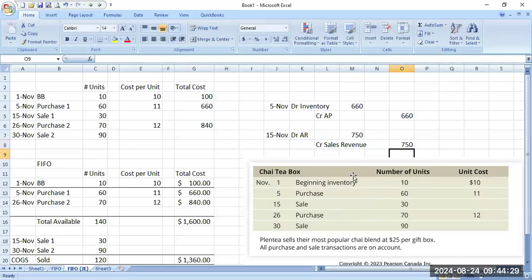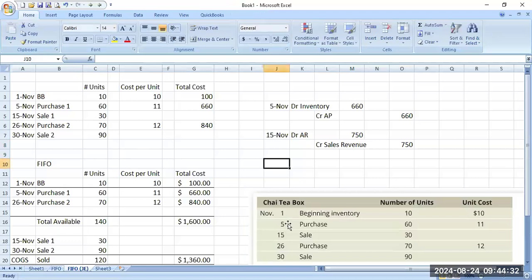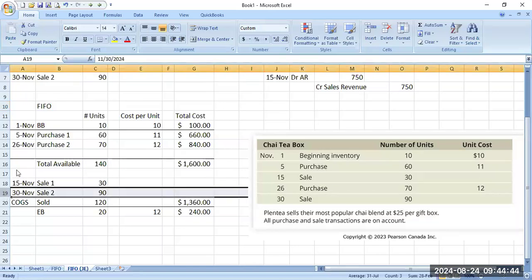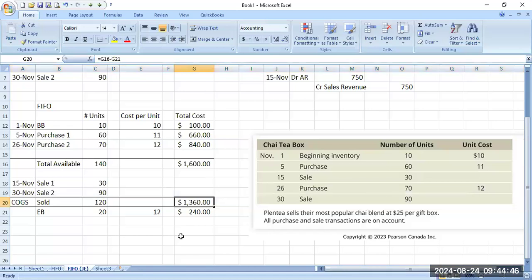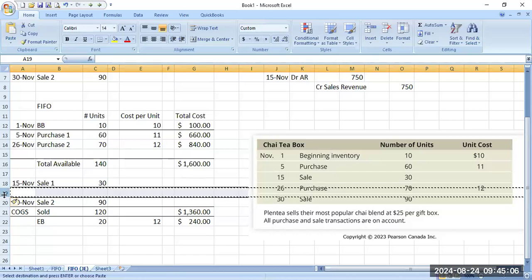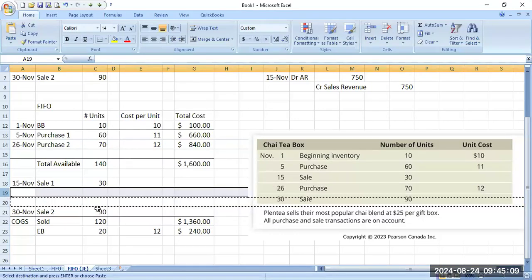The next thing we have to do is show the cost of goods sold, since we're running perpetual. The question is, how are we going to get that cost of goods sold? We already figured that out in our first cell. The $1,360 should equal sale number 1 and sale number 2. So I'm going to insert some rows here and make a breakdown for those 30 units that we have sold.